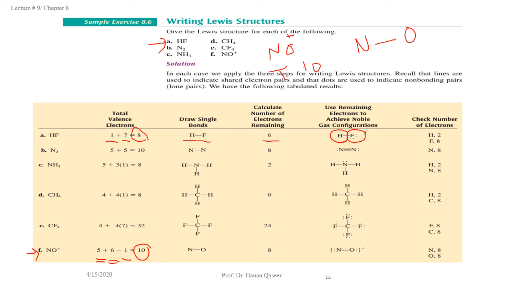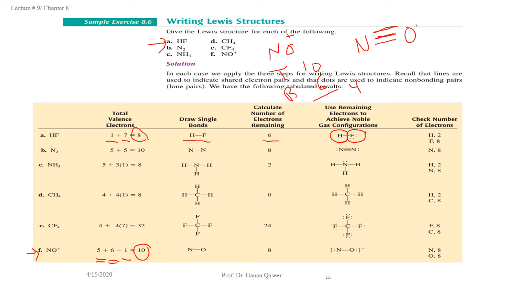We put it on the nitrogen, so nitrogen has 4, unstable. We can make a double bond between N and O. In this case, 10 minus 4, 6. This needs 4 on oxygen, then 2 here, around nitrogen 6. If we make a triple bond, now the triple bond is 6 electrons for bonding, 4 electrons remaining.